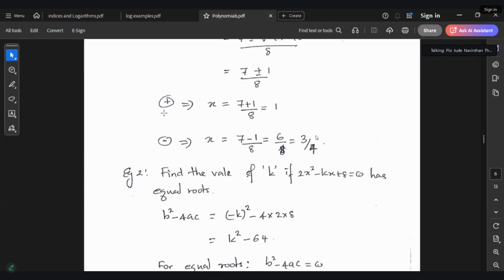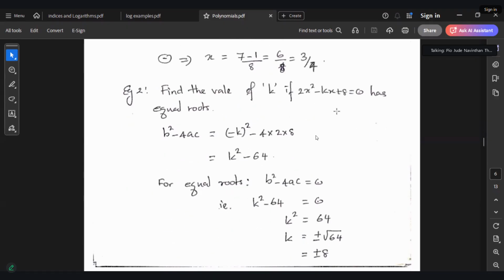Okay. So the second example is given. We need to find k. This is some tricky work. They didn't ask the nature. They didn't ask the root. They are saying find the value of k. Where is k? It is our b. In ax square plus bx plus c, instead of b, minus k is there.